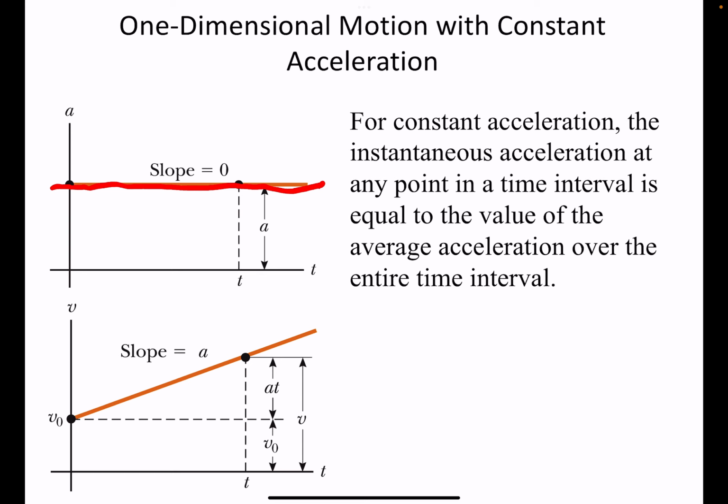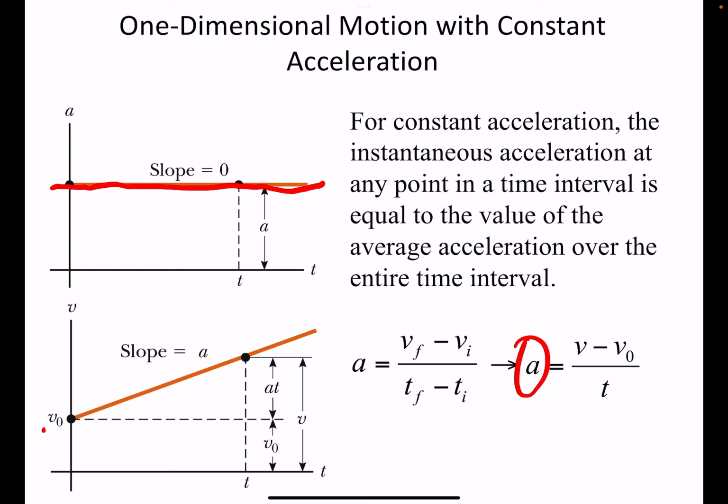Now, by definition, acceleration is the change of velocity over a time interval. So acceleration is the slope of the velocity versus time plot. Because it's a constant acceleration, the slope of the velocity versus time plot has to be constant.